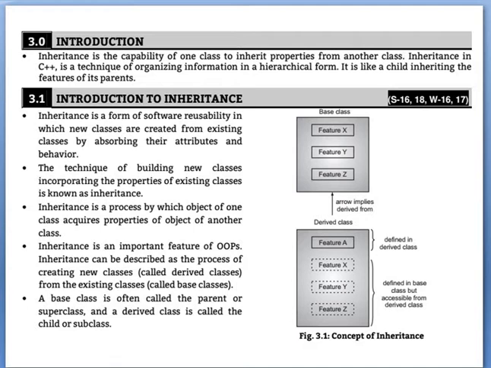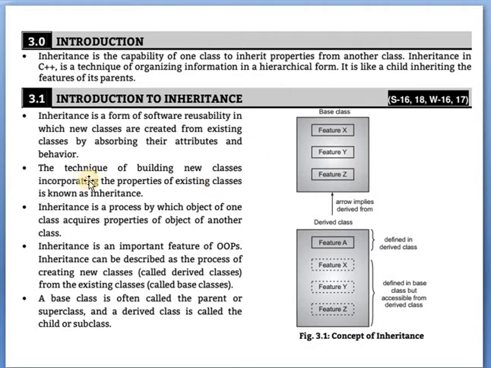Data members means the variables, and member functions are the functions. By using the inheritance concept, we can derive a new class from an existing class, and the data members and member functions are directly inherited into that new derived class.